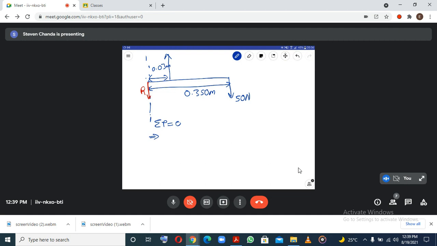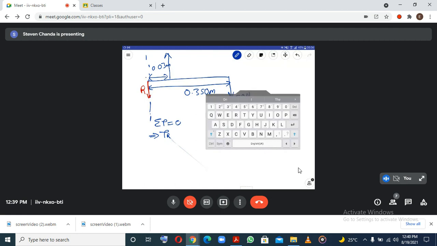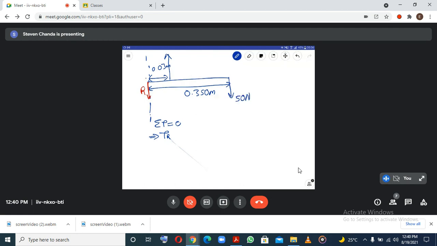You're going to have a torque due to the R there, and I'm not designating the signs yet. Then plus the one due to the biceps.